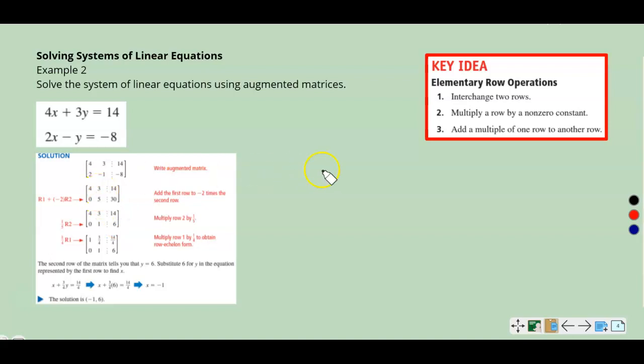So here's the process of using an augmented matrix to solve this system of equations. So they first write it as an augmented matrix, and then they take the first row plus -2 times the second row. So the first row is 4. 4 plus -2 times 2 would be -4. 4 plus -4 is 0.